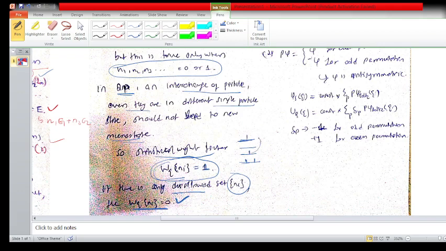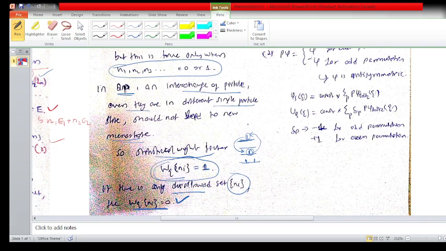Now, if you consider this particle going up and this particle going down, that is applying a permutation of changing these 2 particles. That does not change anything when you are considering indistinguishable particles, because you cannot distinguish whether this particle has gone up or this particle has come down. We cannot say this particle came down and this particle went up.